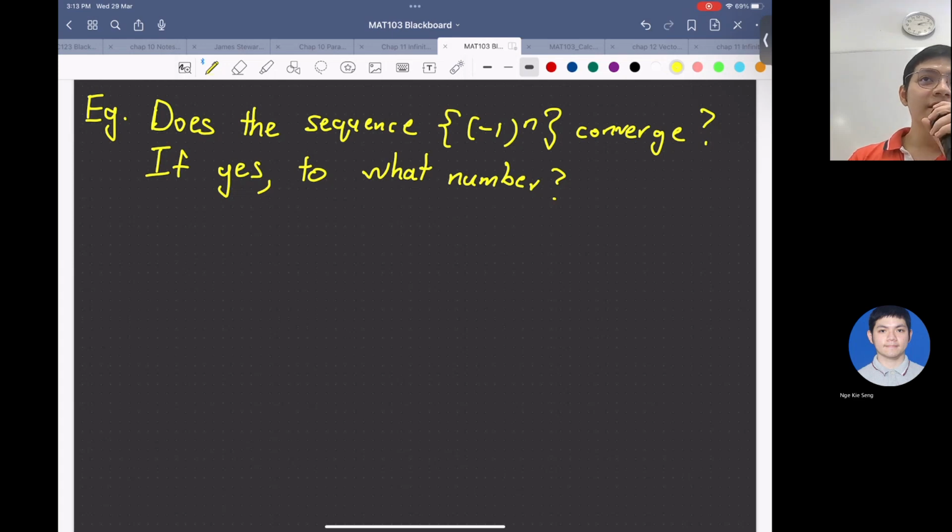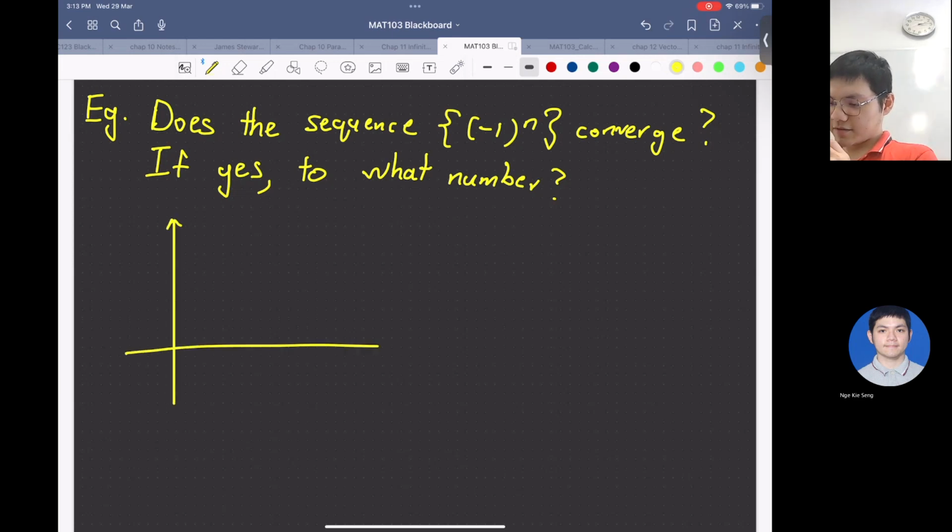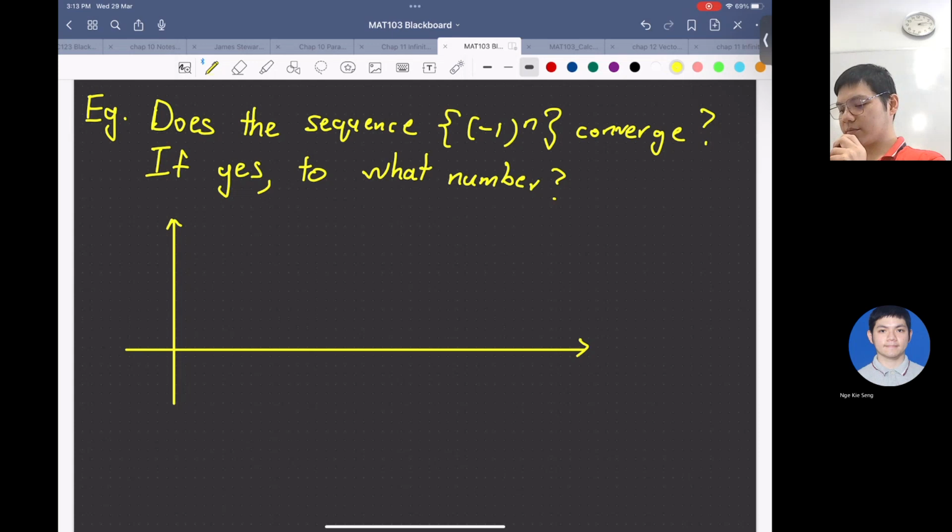Any answer? I heard some of you got an answer. Any idea? You can try to write down this sequence. I like to draw a picture because I like geometry, so you can draw some picture to help you if you want.